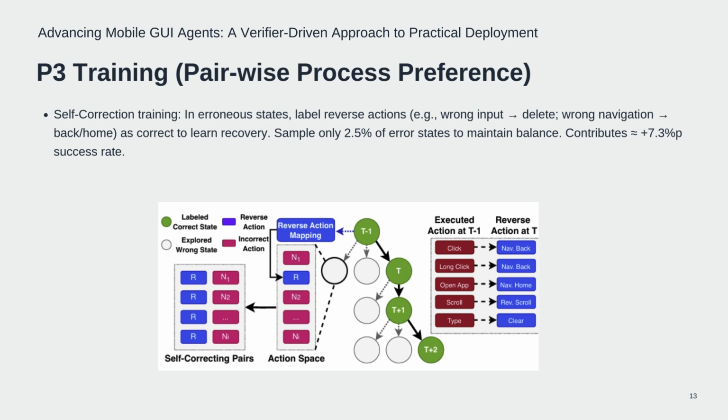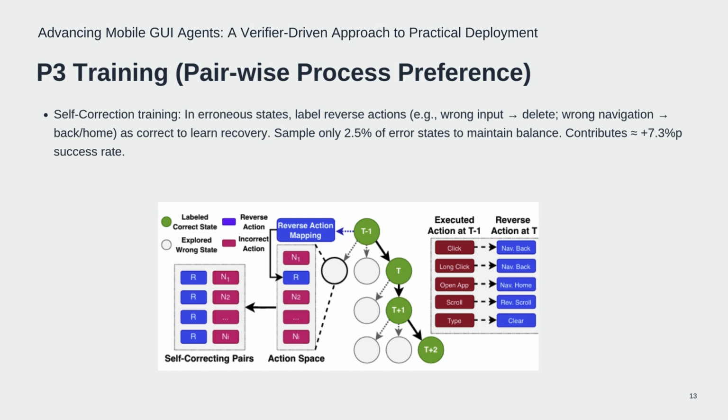At the next step, i plus one, the best action might actually be a reversal action. Essentially, an undo or correction, like hitting back, going home, or deleting the text they just typed incorrectly. They want the verifier to recognize that in an error state, the correct action is one that corrects the mistake.